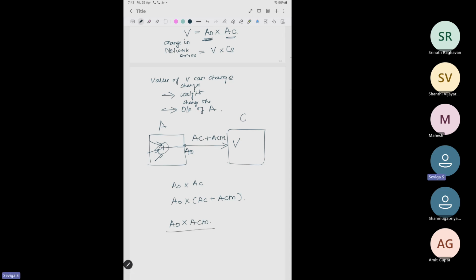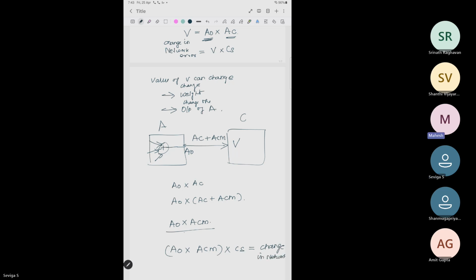That is the difference. This is the change in the outcome which is going into C, and this will get multiplied by the value C delta. A naught into ACM will get multiplied by C delta to find the change in error.